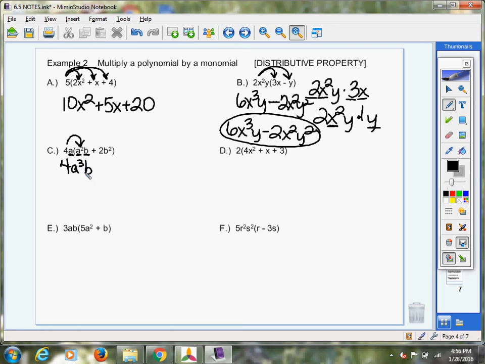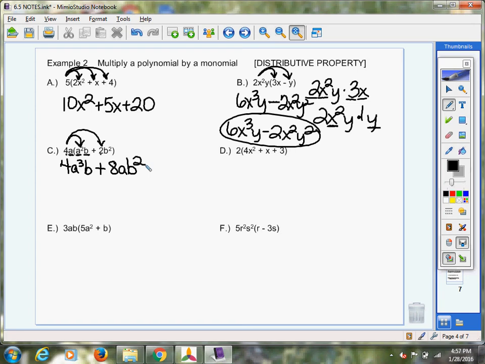So the first term is 4a cubed b. Now drop down your plus sign, and we're going to do it again. 4 times 2 is 8. A, this time, has nothing in here to multiply to, so we're just going to drop that down. And then I don't have anything to multiply to b squared, so I'm going to drop it down as well.